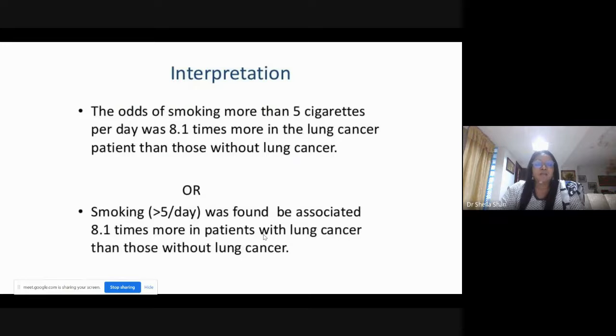Smoking more than 5 per day was found to be associated 8.1 times more in patients with lung cancer. So we can say with confidence that if you are a smoker, there are higher risks of getting lung cancer. What is the risk? 8.1 times higher. So it's an interesting study.